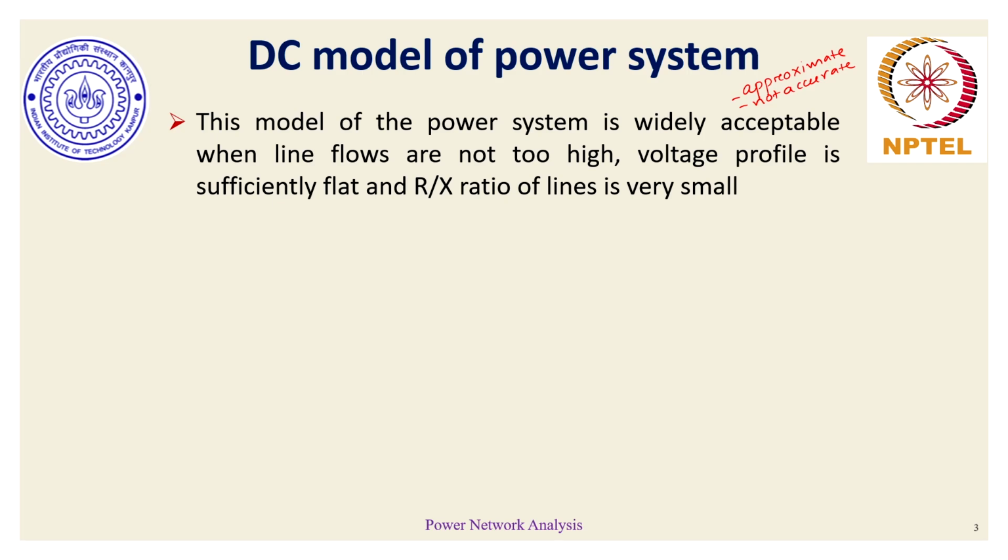Even though it is not a realistic model, the solution we get out of this fictitious DC model would still be acceptable, or close enough to the actual solutions that we would get from Newton-Raphson power flow or fast decoupled power flow for actual AC networks.